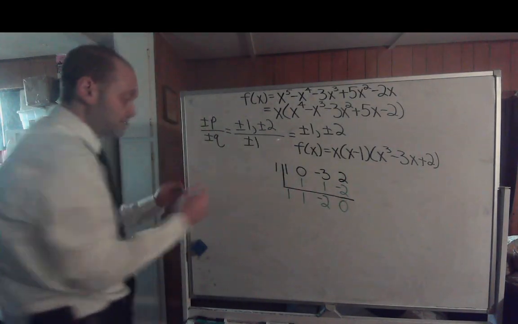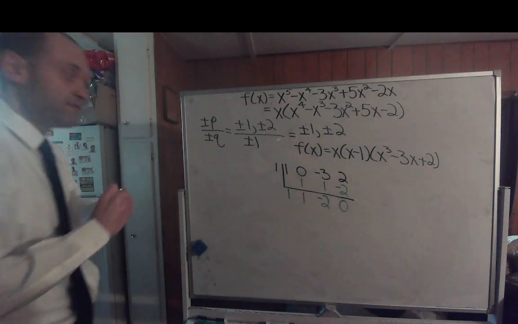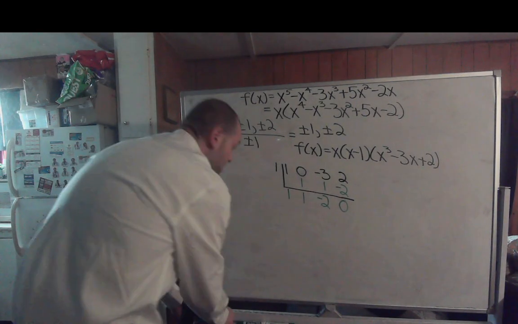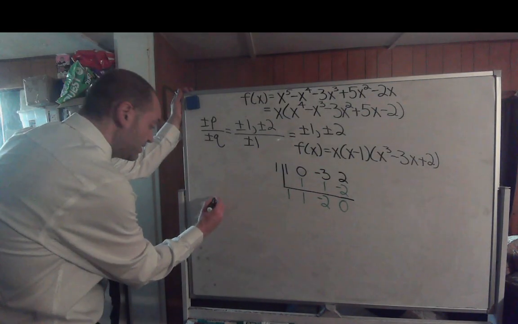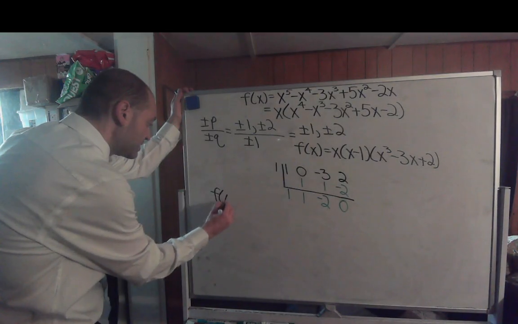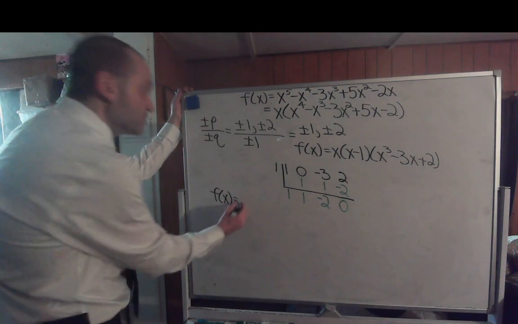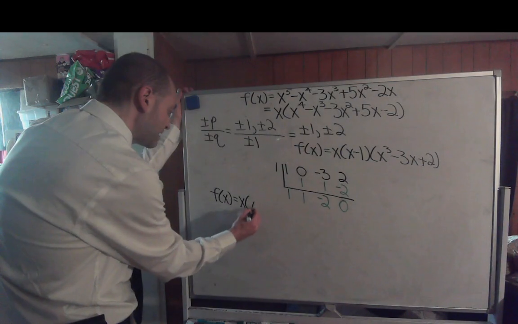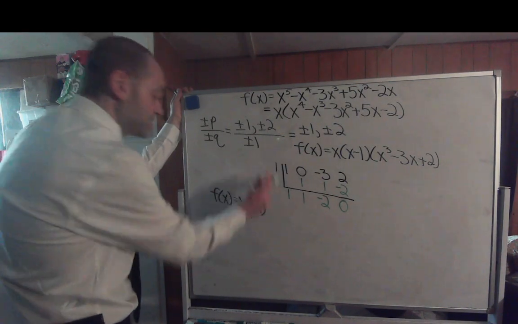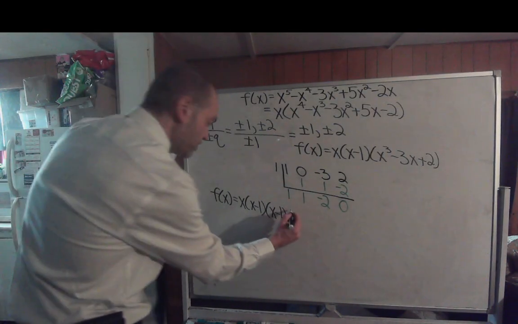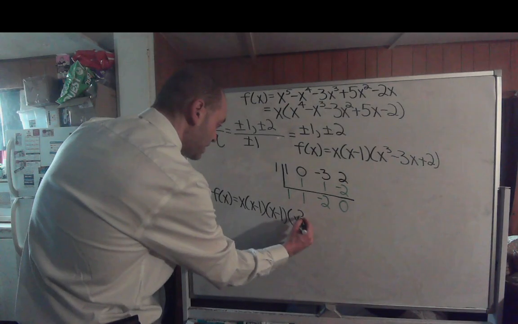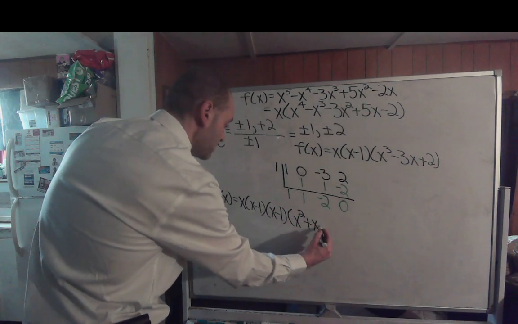So that means x minus 1 is yet again a factor. So the very next thing that just happened here is we have another factor. So f of x equals x times x minus 1 times another x minus 1. Now this becomes quadratic times x squared plus x minus 2.